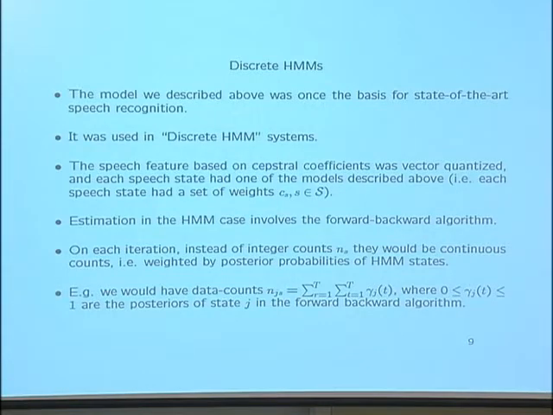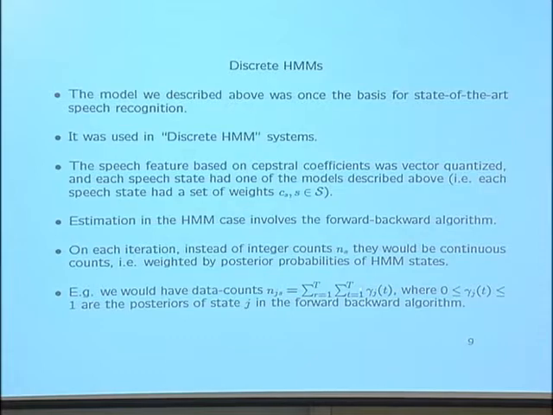And then at some point, people moved over to using continuous models with Gaussians and stuff like that. So I just wanted to mention what the difference is between the estimation I just described and what you do in HMMs. The difference is that instead of the n sub s being integer values, they become summations of continuous quantities.